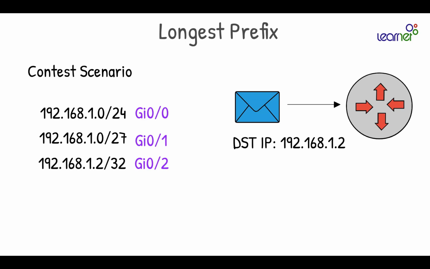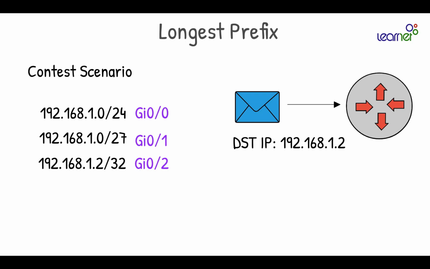And here is where the longest prefix match comes into play. The router doesn't just look for the first match. It's not equivalent to security devices. It looks for the route with the longest and most specific prefix. And in this case, 192.168.1.0/24 matches the first 24 bits of the IP address. /27 is more specific because it matches the first 27 bits of that destination address.